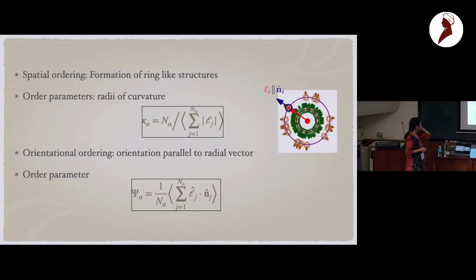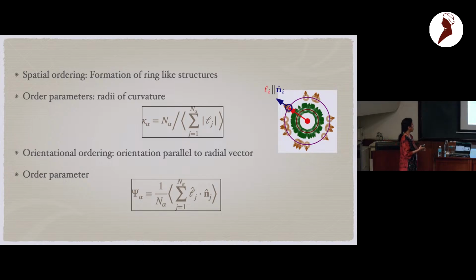Before that, how do we characterize this order? We define two different order parameters. One is the radius of curvature of each ring. In the completely disordered phase, the radius is like infinity, so the order parameter is 0. Then there are two other phases.